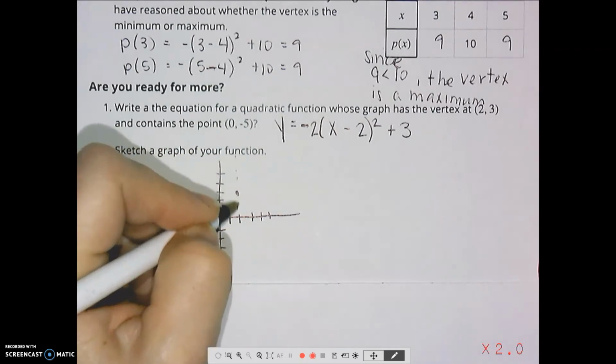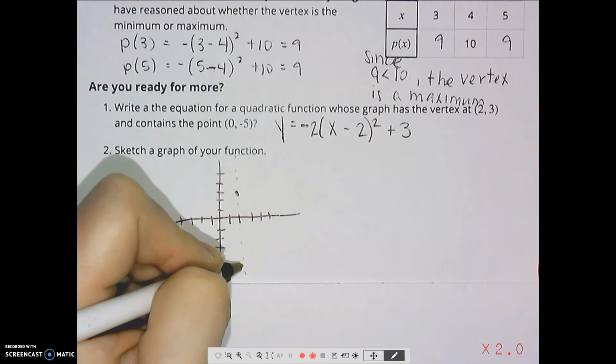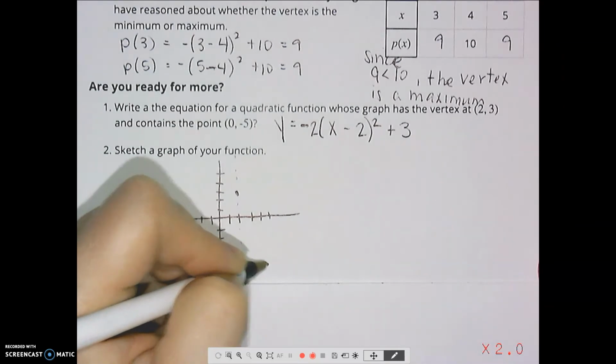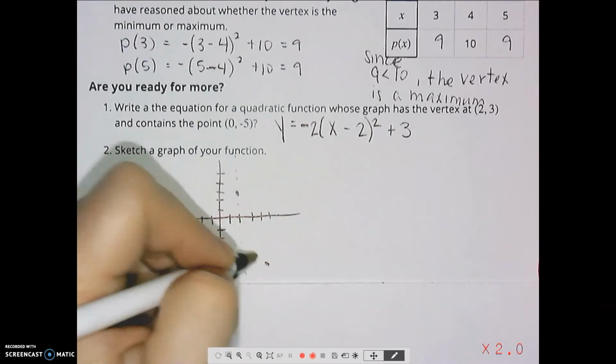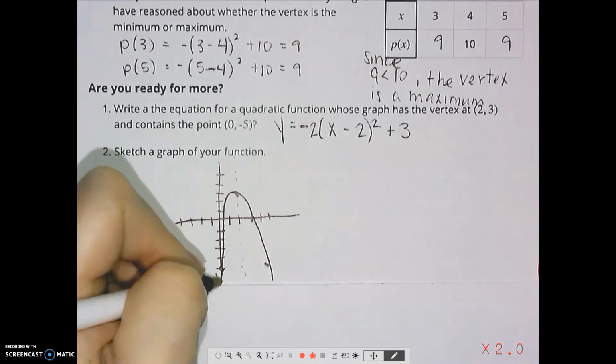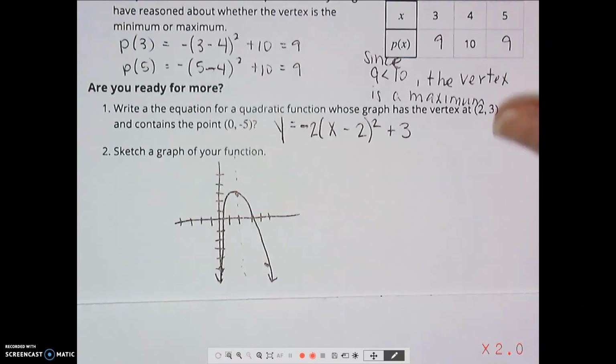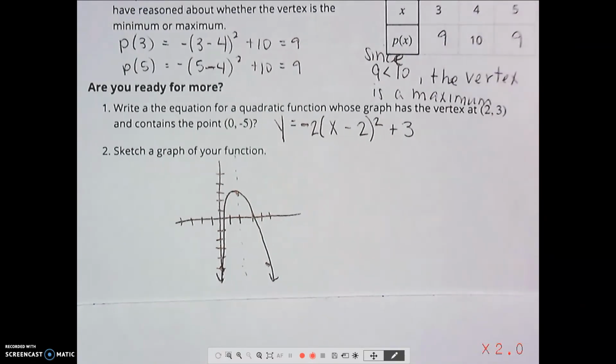Again, looking at the axis of symmetry, since the point (0, -5) is 2 spaces away, we would need to go 2 spaces away on the other side, at (4, -5). That gives us our points for our problem. So that's a quick sketch of that information.